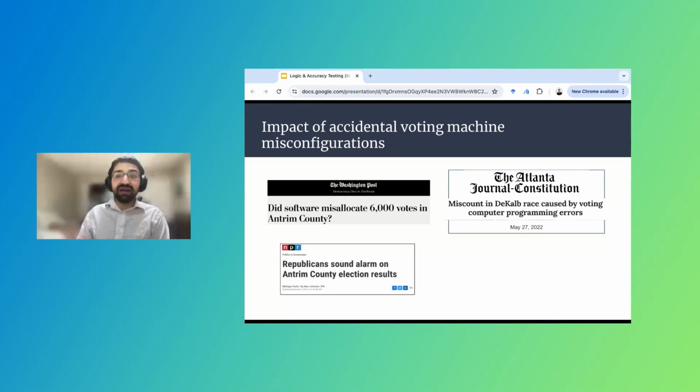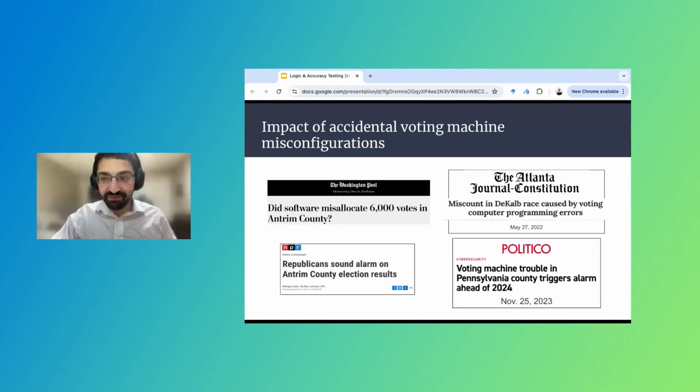However, these misconfigurations resulted in the initial publication of incorrect vote totals and generated significant negative publicity, which in turn harmed public trust.